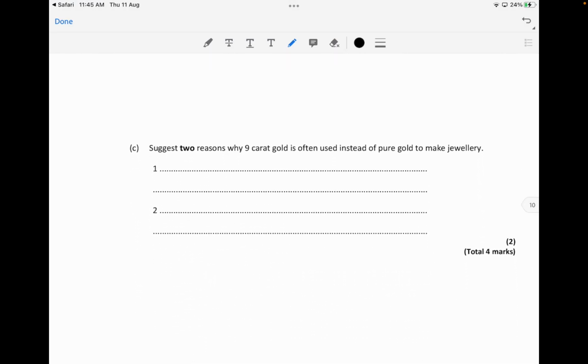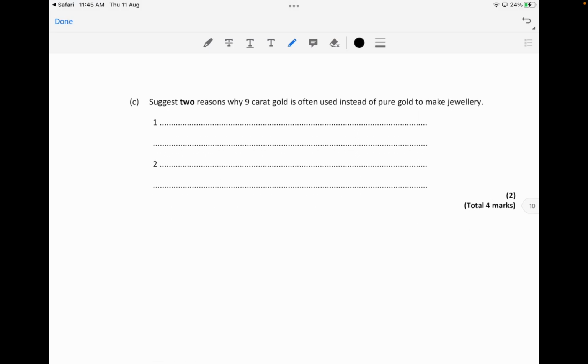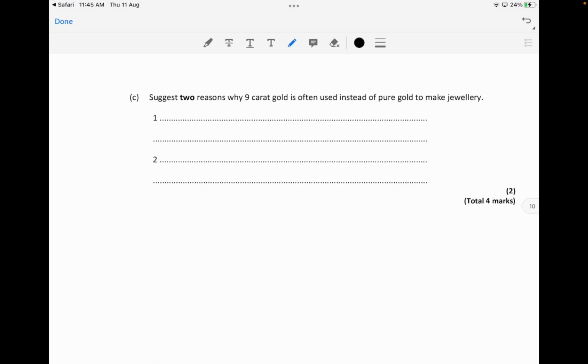There are 2 reasons why 9 karat gold is often used instead of pure gold to make jewelry. 9 karat gold is a mixture of metals. Like I said, pure substances are usually soft. So you can say that pure gold is soft, and you can also mention that 9 karat gold is harder.